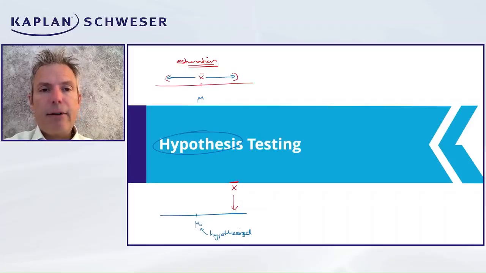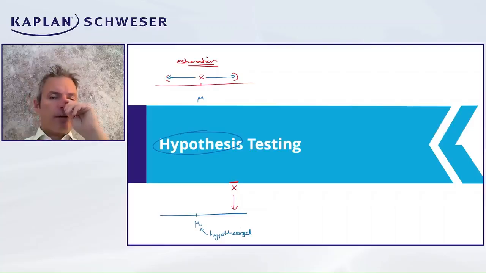However, if you hypothesized that mu was outside that interval, then you would reject the hypothesis, because it's too far away. However, the direction of travel is slightly different with hypothesis testing. We hypothesize the value for the mean first, and then we take the sample mean second and think about how far away it is from what we hypothesized.